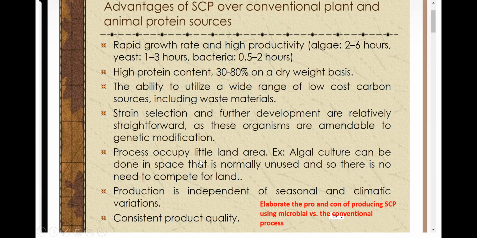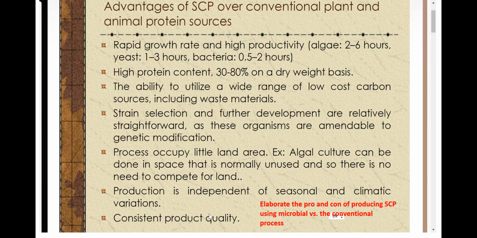For growing SCP, we need a smaller area as compared to rearing a cow and sheep, which needs a much larger farmland. Most importantly, the production is independent of seasonal and climate variation, as I have also explained just now.